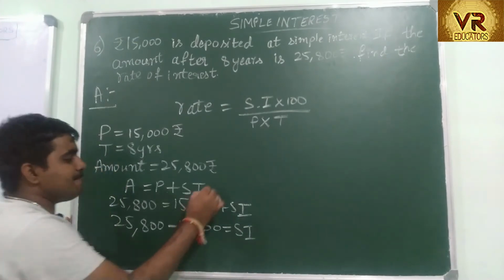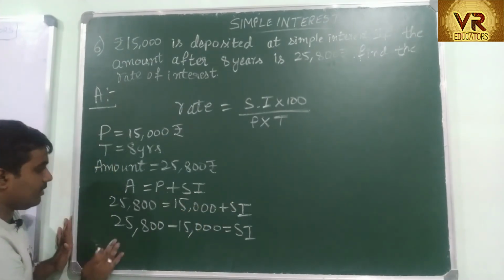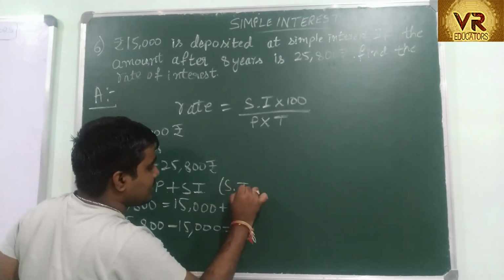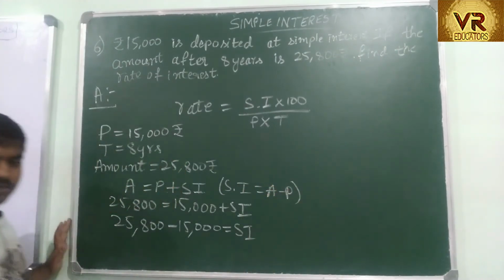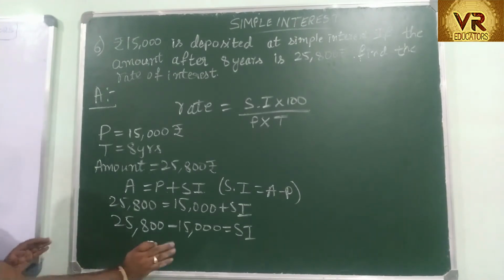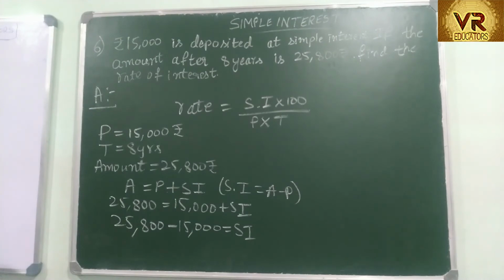Or you can write the simple interest formula as: simple interest is equal to amount minus principal. Okay. So after subtracting this, how much amount will you get? 25,800 minus 15,000.